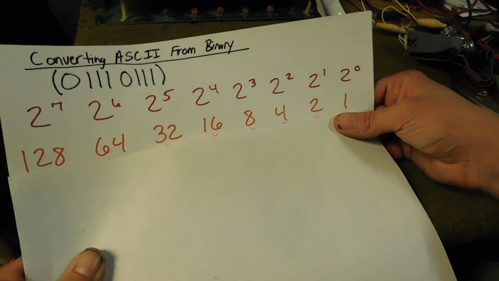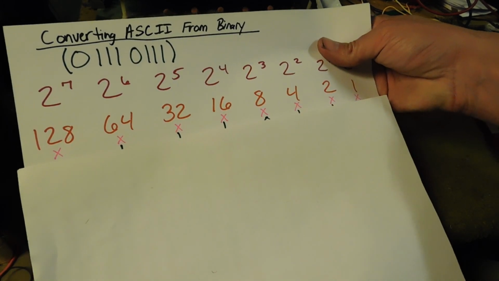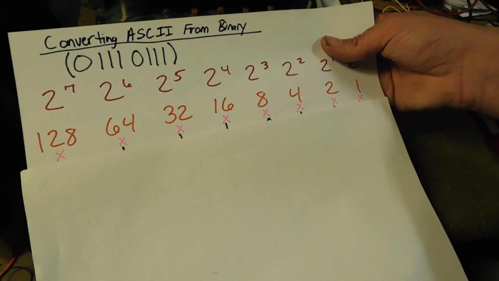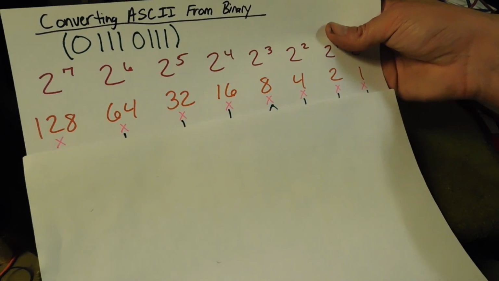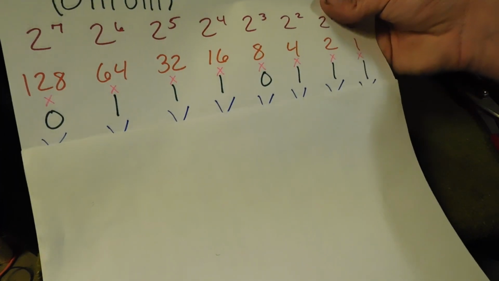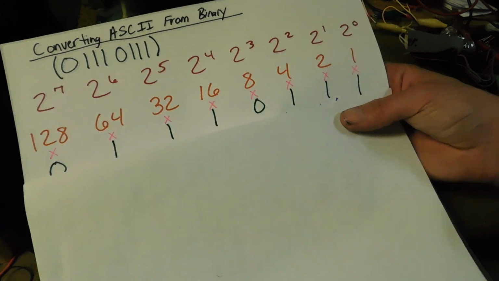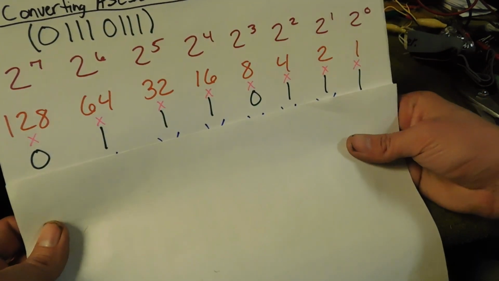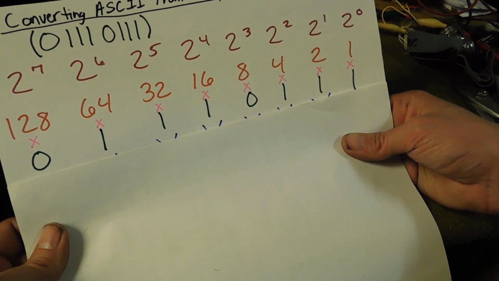Alright? Now what's going to happen is we need to multiply. As you can see here, we need to multiply our decimal values by our binary code. Okay? And as you can see right below here, I have our binary code. 01110111. Okay?